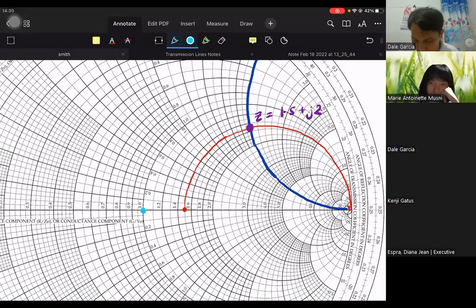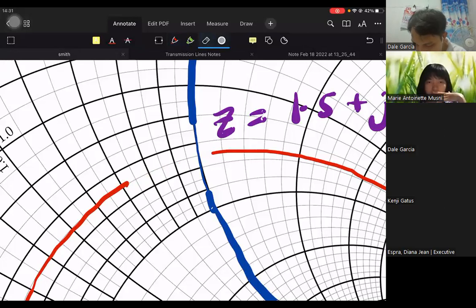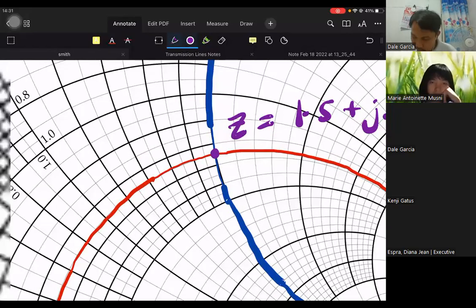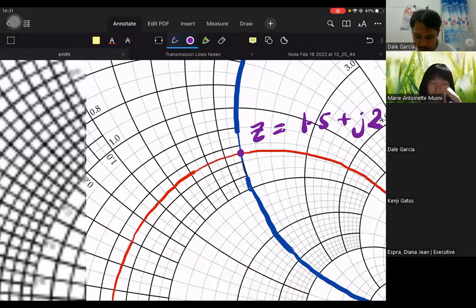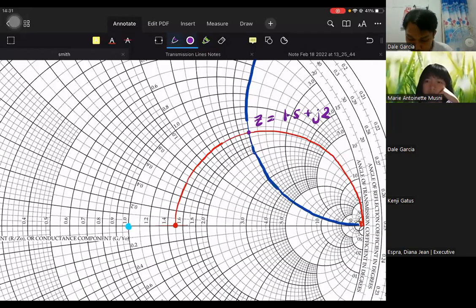So we measure the distance from the center to the plotted intersection using a ruler, okay?